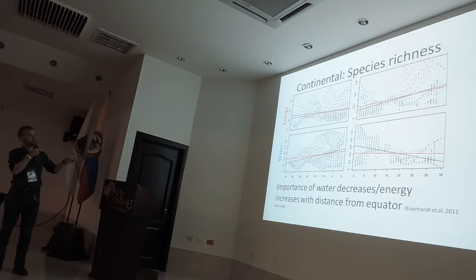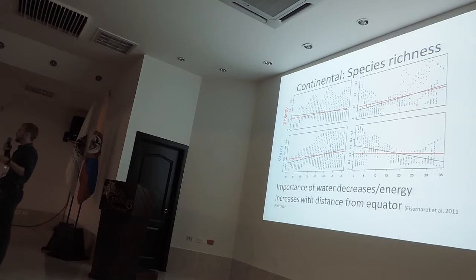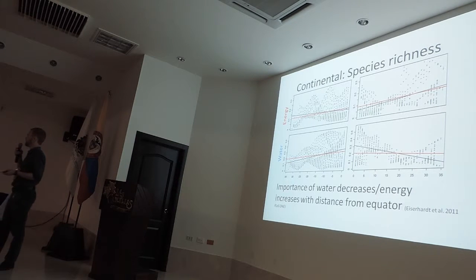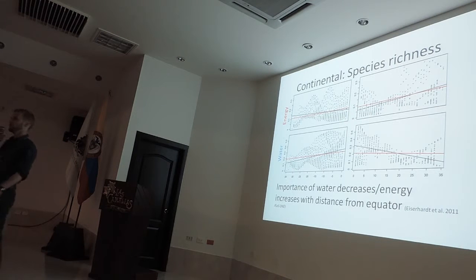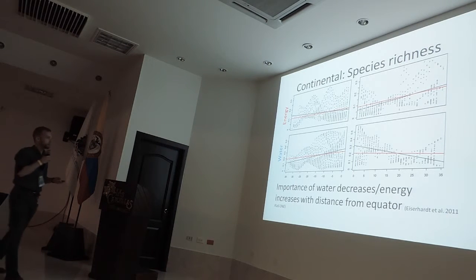So as you go from the center to the edges, you go from low to high latitudes, and the y-axis is the strength of the correlation between palm species richness and water and energy variables. You can see the importance of energy increases, maybe not very strongly, but clearly significantly, from the equator to the poles, and water is doing the opposite, mirroring this observation that the range limits are set by energy, whereas the gradient itself is more driven by water.